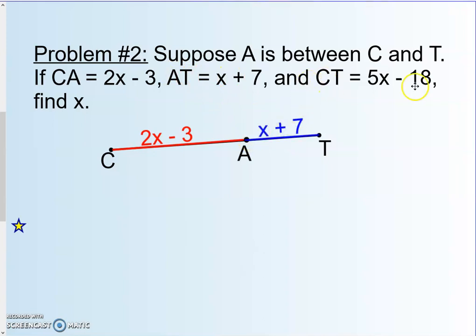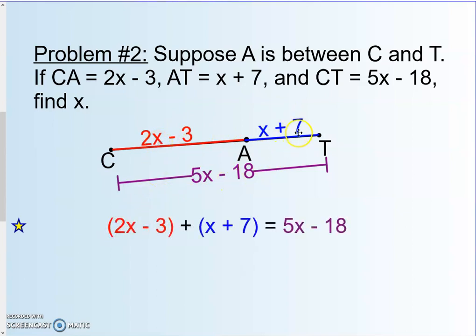And I know CT, the whole thing, is 5x minus 18. So I have to find where I wrote that. Oh, there it is. 5x minus 18 is the whole thing. And again, this is what the picture looks like, but we can get an algebraic equation based on that picture. The red segment plus the blue segment should equal the whole purple segment.